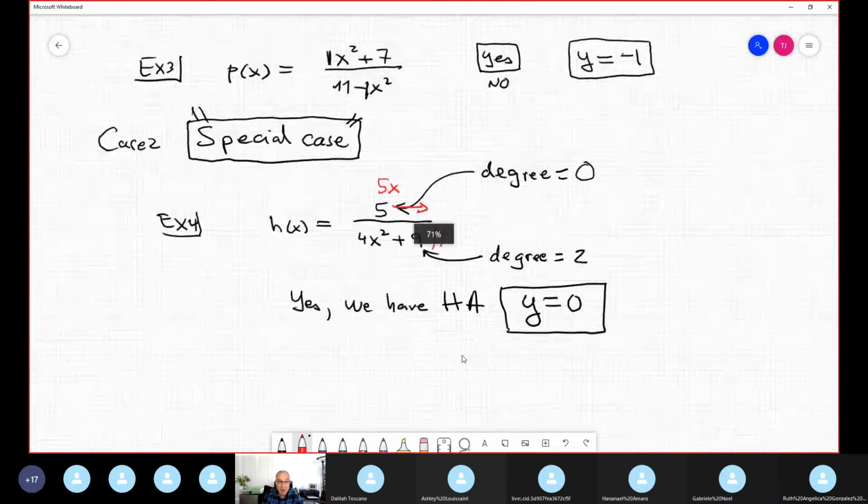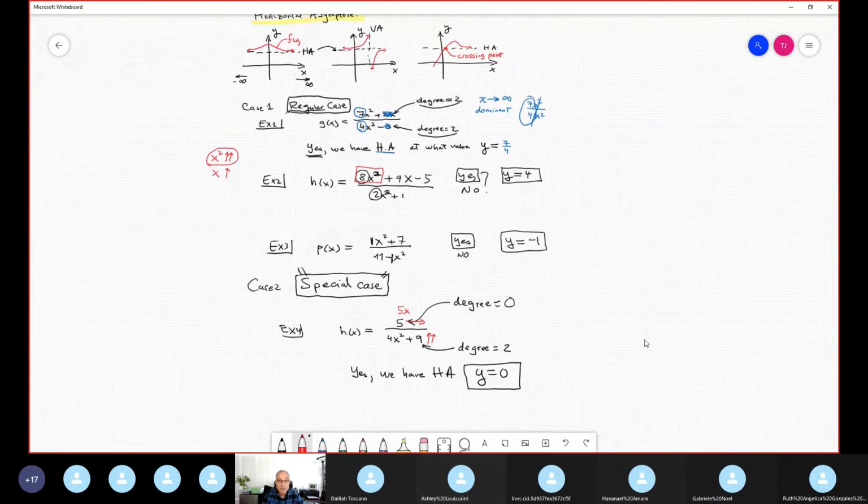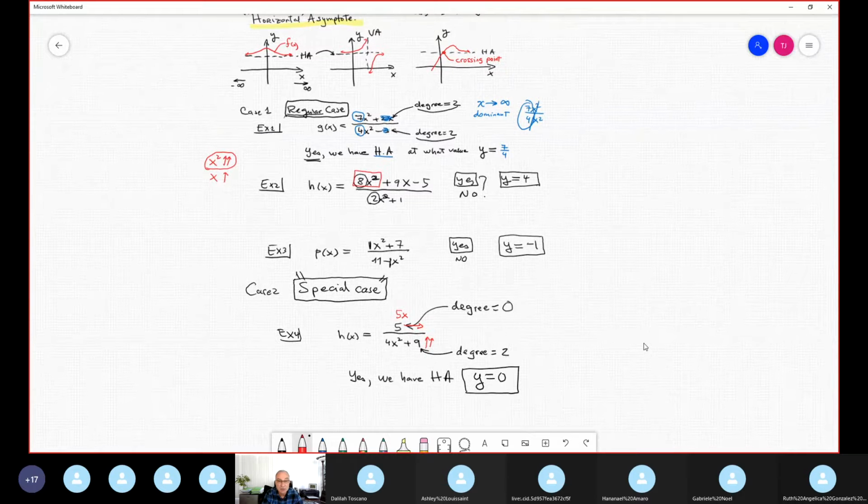Let me summarize quickly. Pay attention now. To analyze the horizontal asymptote, you are always doing the analysis of the degree. Degree top, degree bottom. We have two possibilities. Regular case, when the degree is the same.